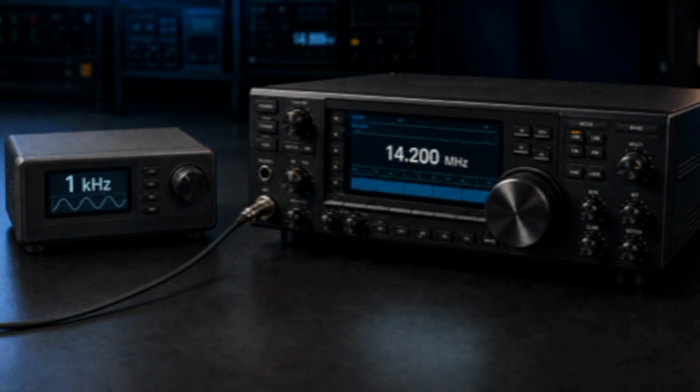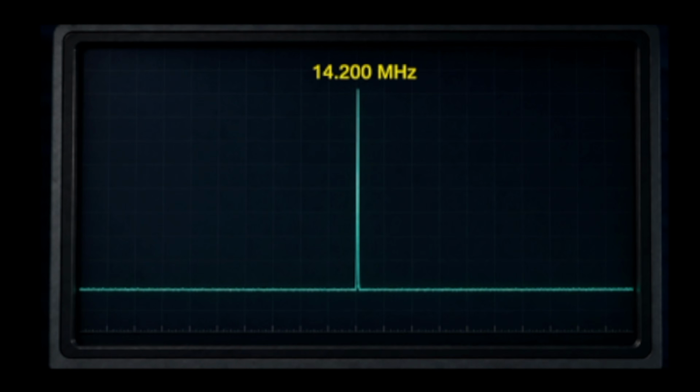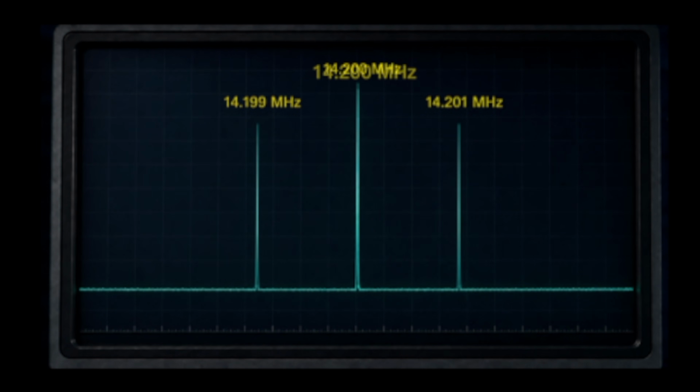Now let's pause for a moment. What do you expect to happen? Well, most people imagine the audio simply rides on top of the carrier. The instant modulation begins, something remarkable happens. Your original 14.2 MHz carrier is still there, but now two entirely new radio frequencies suddenly appear.